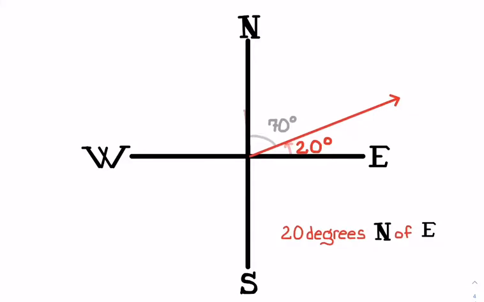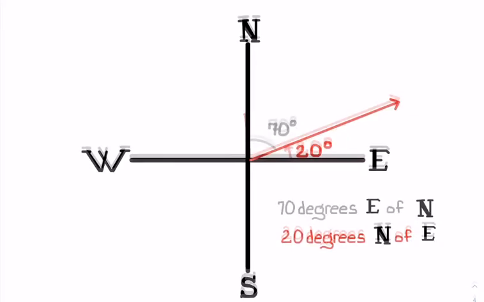The angle here is 70 degrees. Using the 70 degrees to describe the direction an object traveling along the red vector is going, I might say 70 degrees east of north.